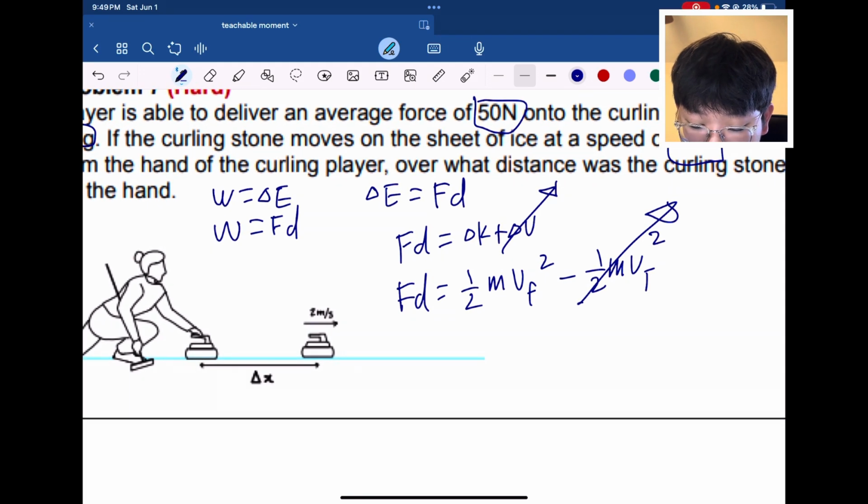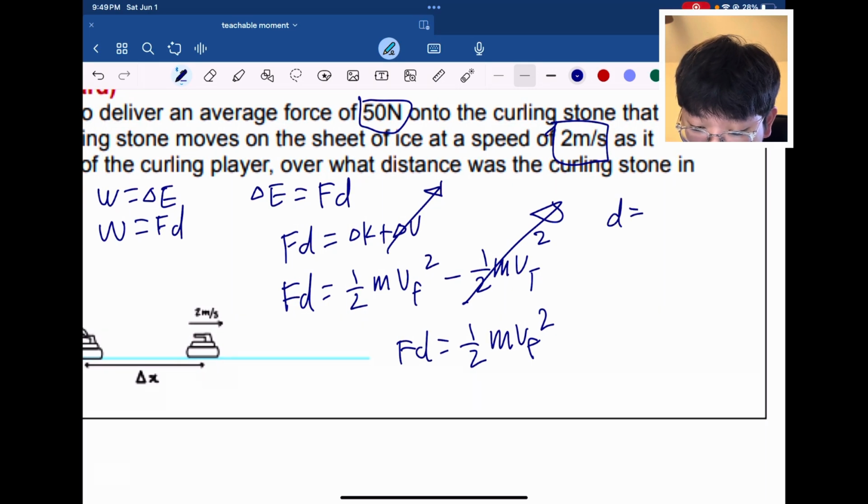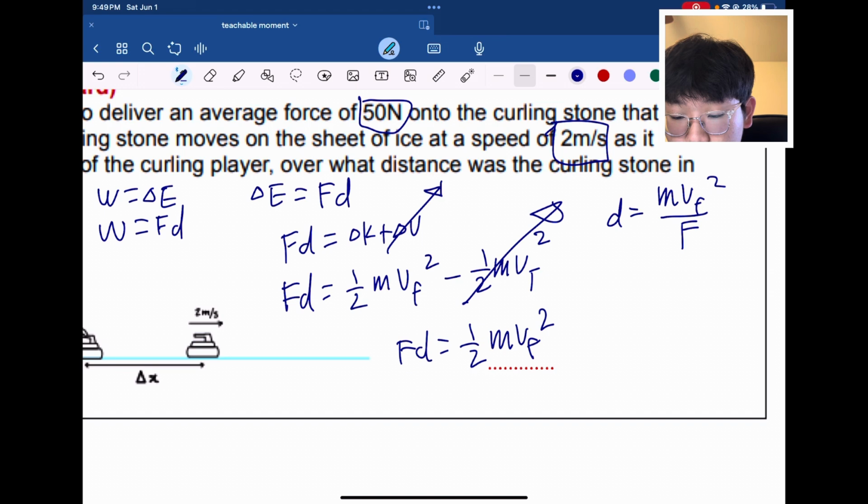So force times distance is 1/2 mv final squared, and then we have to find the distance, so we can simplify by v squared over f, and we know all the values.